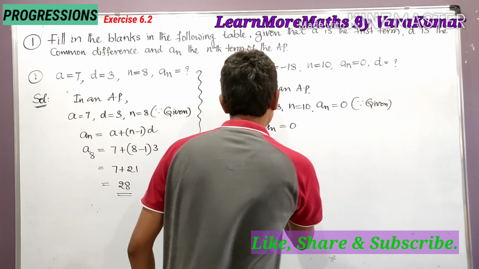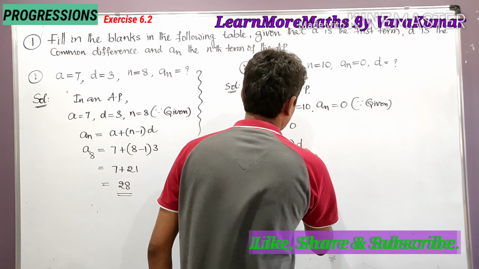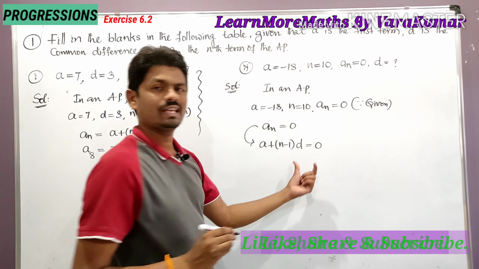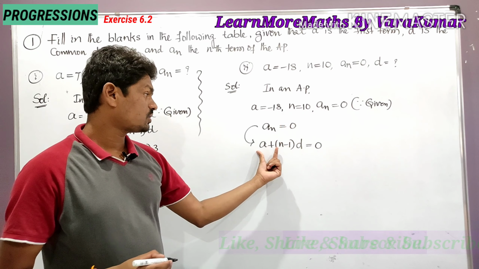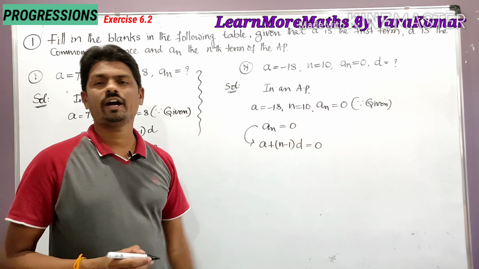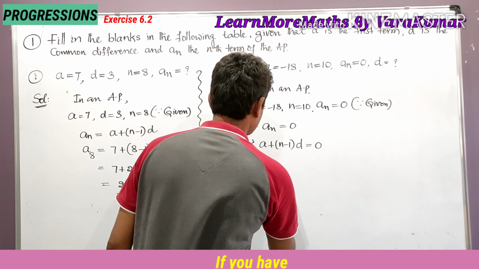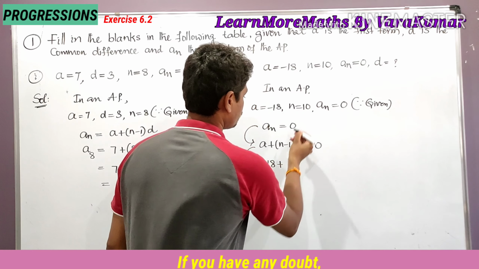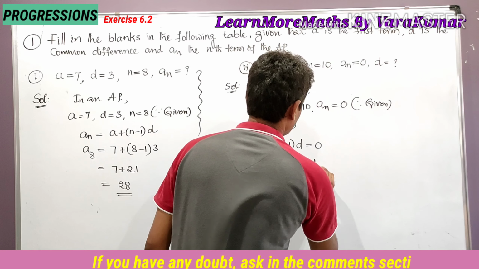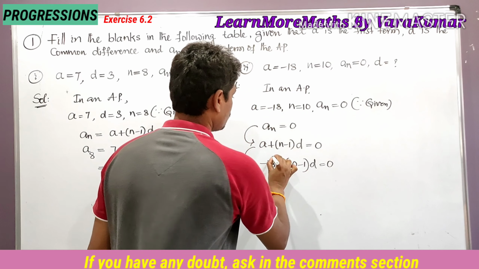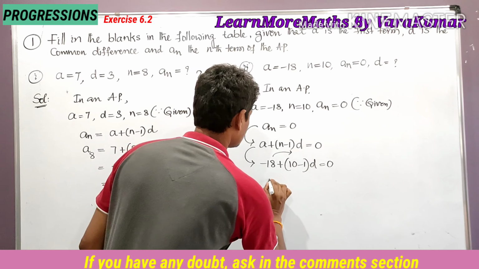A plus N minus 1 into D is equal to 0. We just have to substitute the A and N values to find the D value. So A is equal to minus 18 plus N minus 1, N is equal to 10, 10 minus 1, into D is equal to 0. So now take minus 18 to the right side. Here 10 minus 1 is 9.